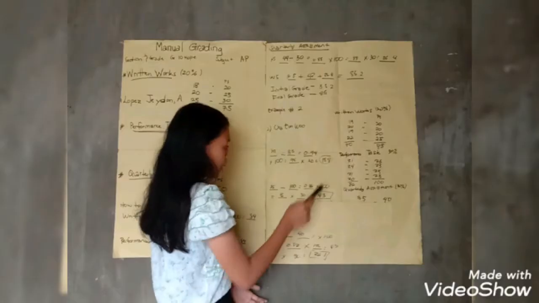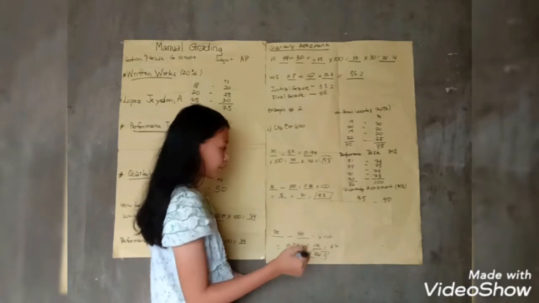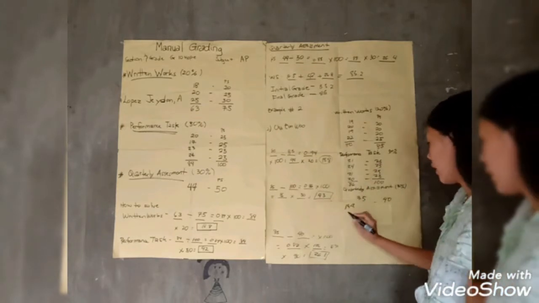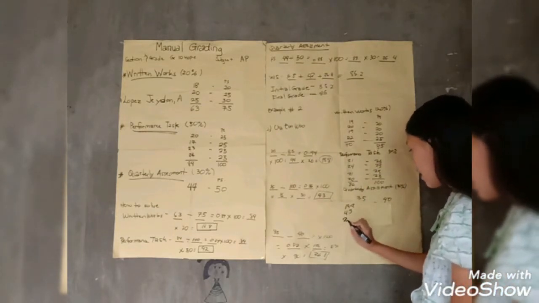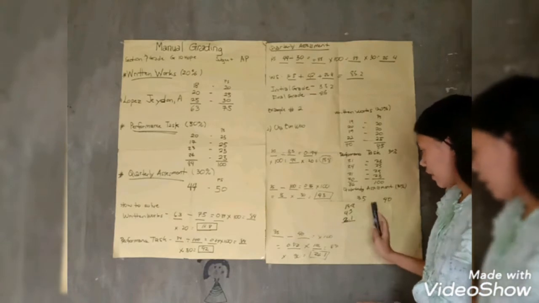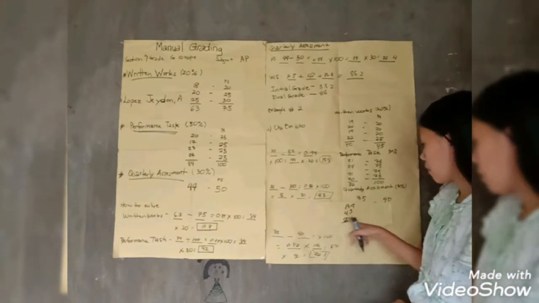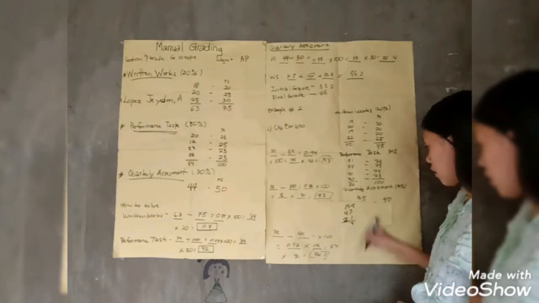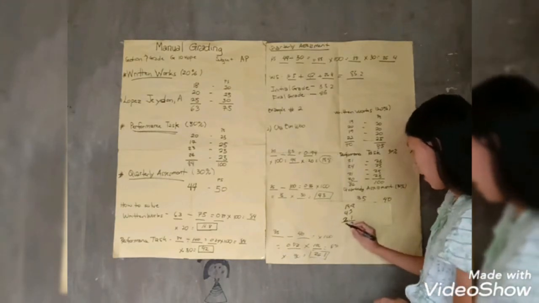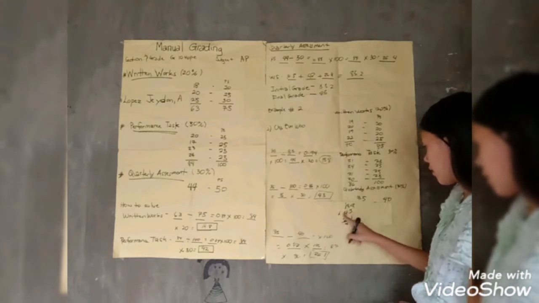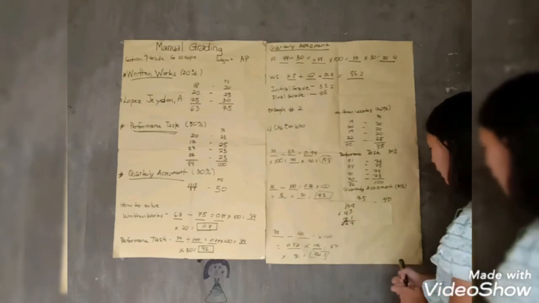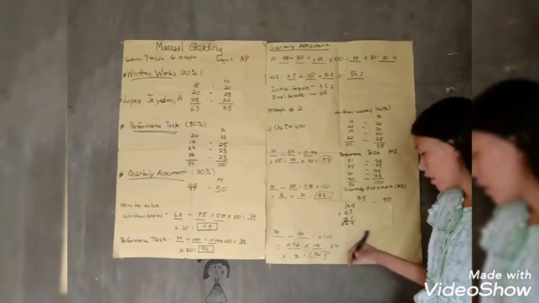So we'll add these for his weighted score. So 18.8 plus 43 plus 26.1 equals 87.9.